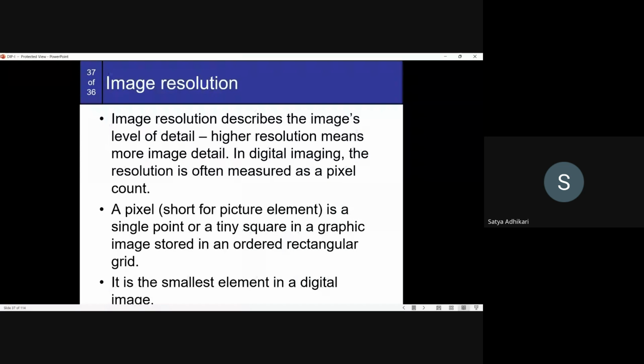So, image resolution. It means image resolution describes the image. Higher resolution means more image details.